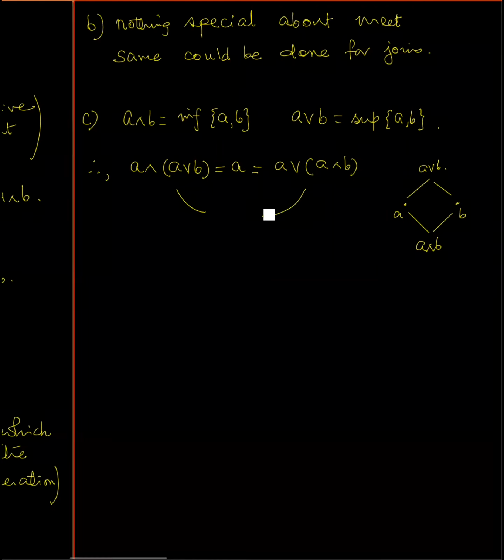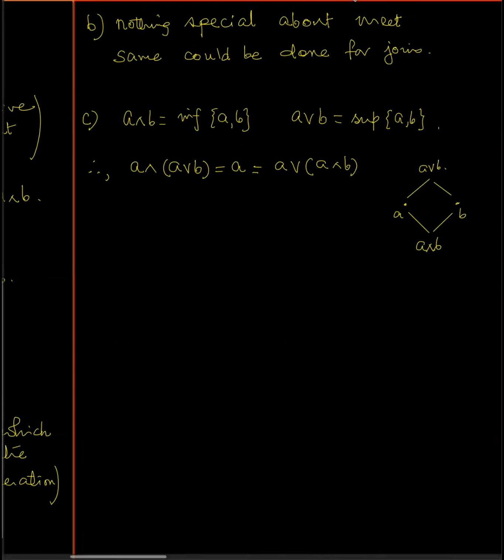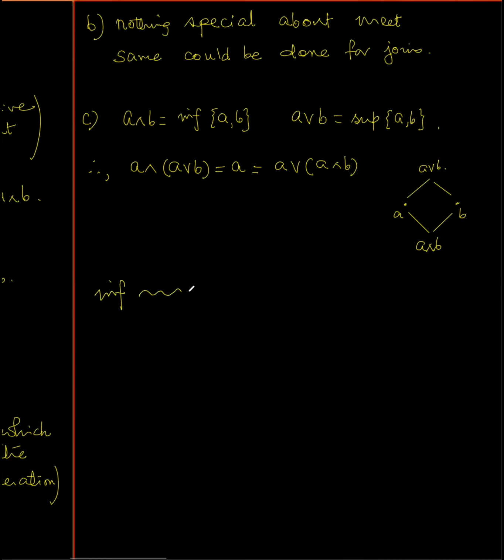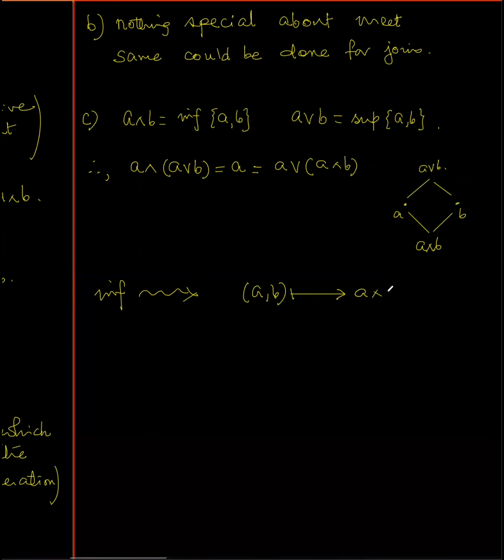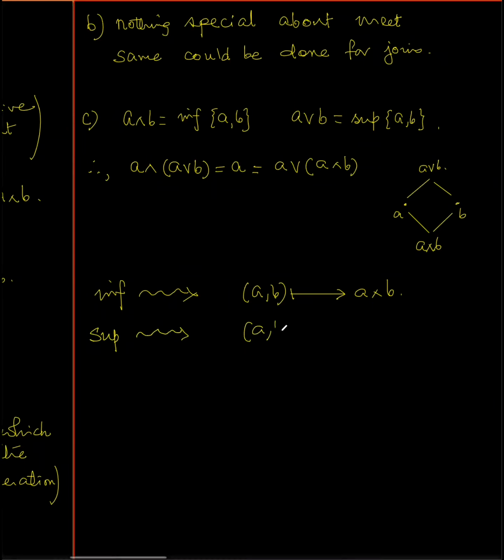So why am I saying so? Because the operation of infimum gives rise to a monoid operation. This is one monoid operation. The operation of supremum gives rise to another monoid operation.